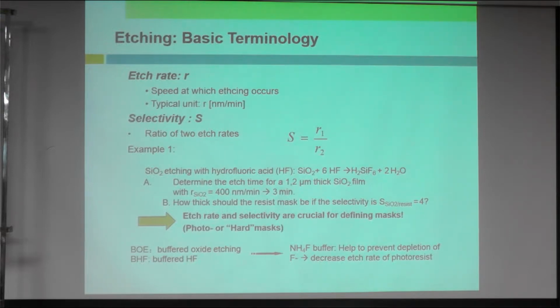That is how you know how thick you have to prepare the resist, so that the material can withstand the etching for the 3 minutes of etching 1.2 micron. The photoresist needs to be thick enough to protect the covered, masked area.